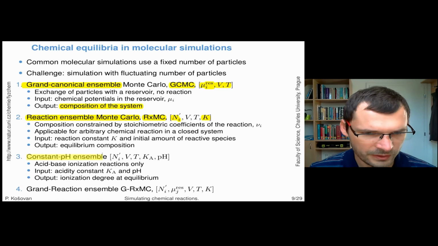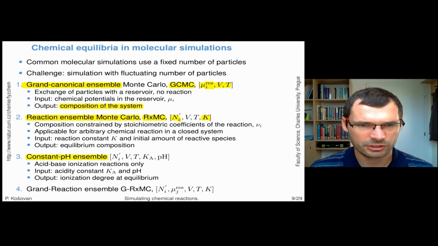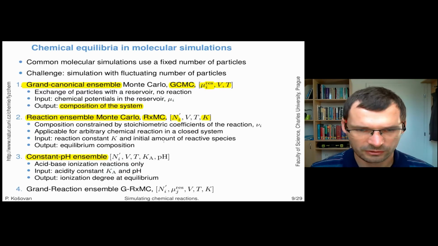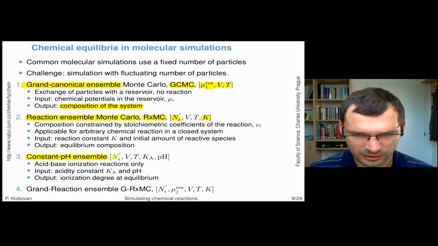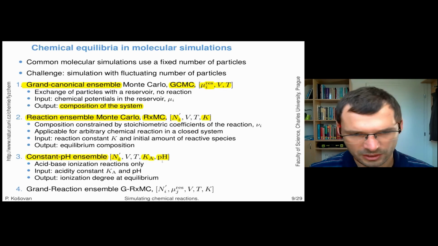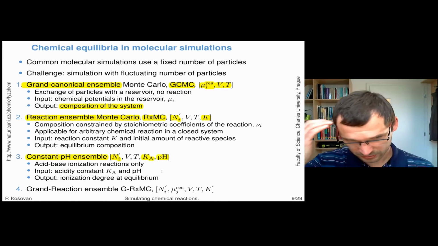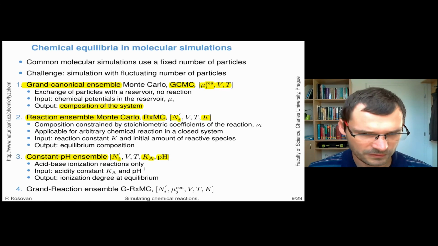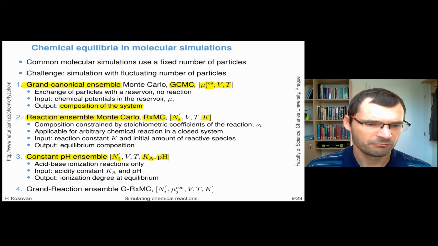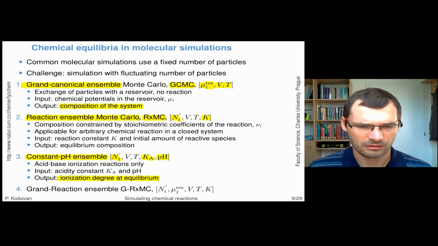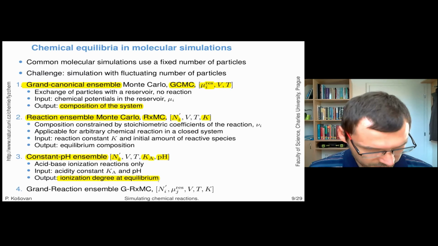Number 3 is the constant pH ensemble, which in spirit is very similar to the reaction ensemble Monte Carlo, except that for the initial numbers of reacting species and equilibrium constant, we also provide the pH as the input. This method is designed specifically for acid-base ionization reactions, and from these inputs, we obtain as output the ionization degree at equilibrium.